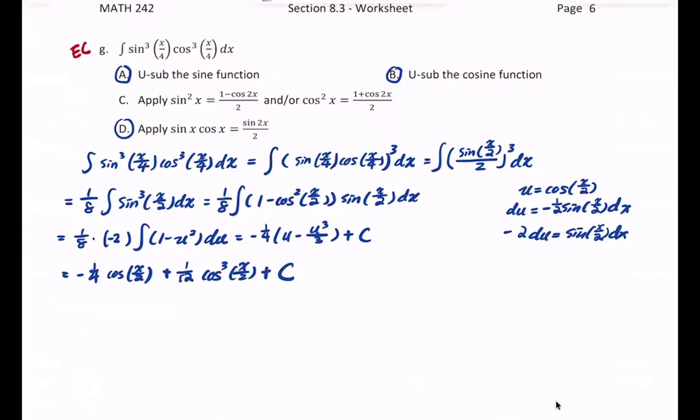All right, but if you use u-sub with sine or cosine, your answer will be in terms of either sine of x over 4 or cosine of x over 4.